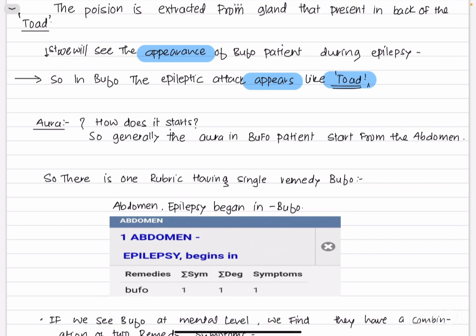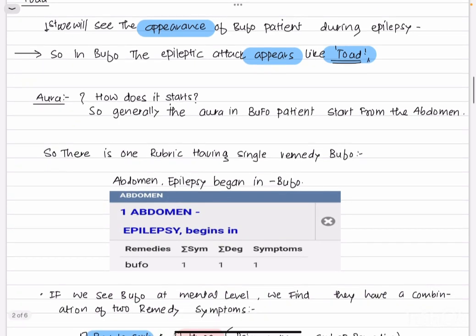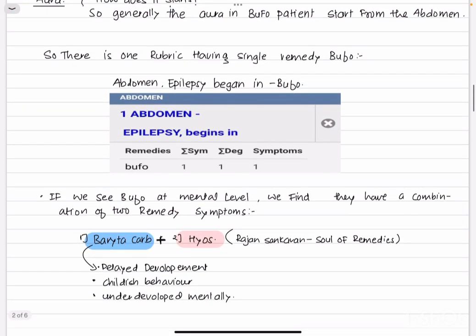So this is the classical sign, the classical symptom. There is one rubric which has a single remedy, and which rubric is it? Abdomen, epilepsy begins in. The single remedy is Bufo in the synthetic repertoire. So this is the important symptom.